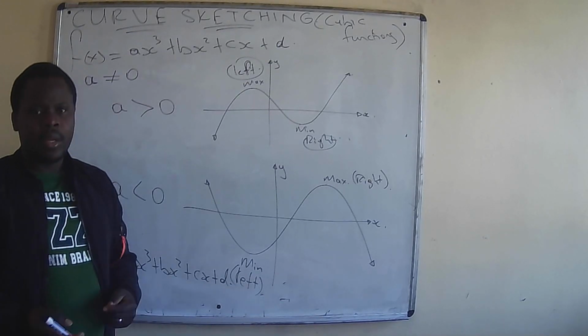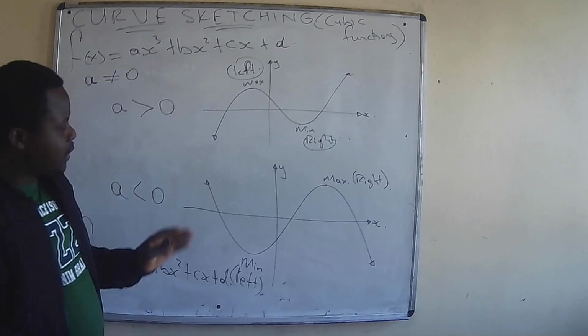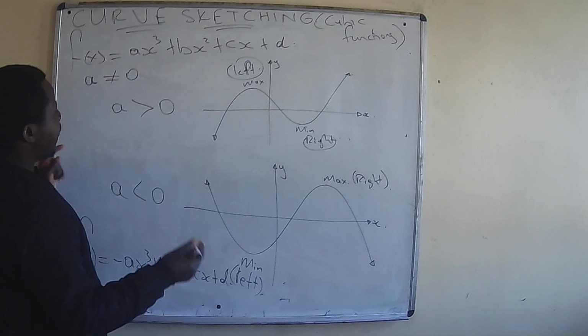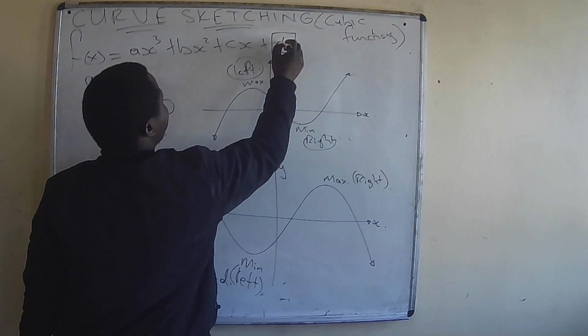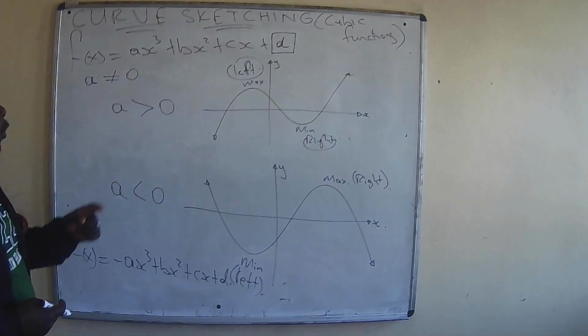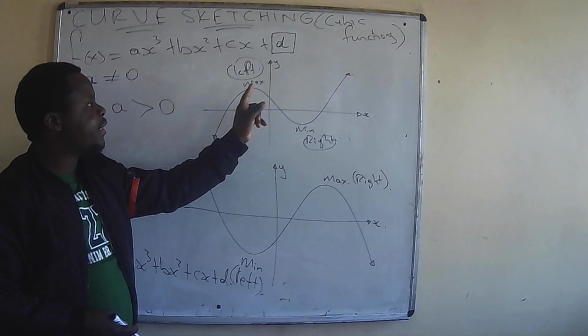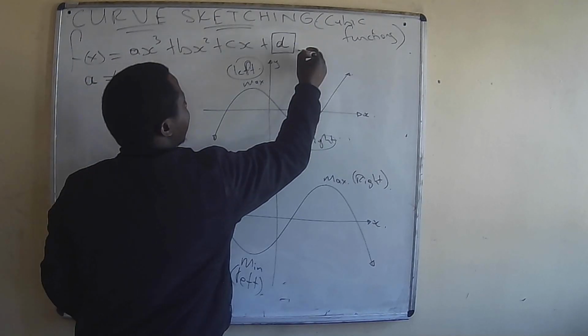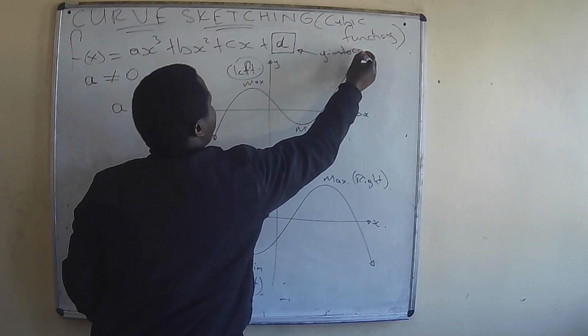So this is how we sketch. It's just a sketch. You are not going to draw a curve on a scale. It's just a sketch like this. And let's also talk about the meaning of the numbers that will be given here. That d that we have here represents the y-intercept.